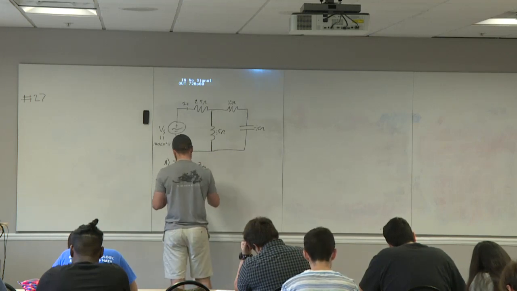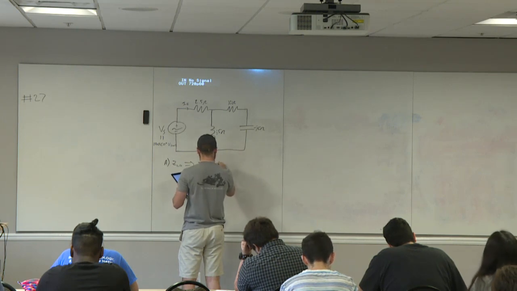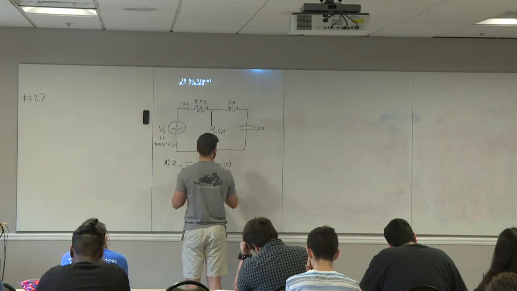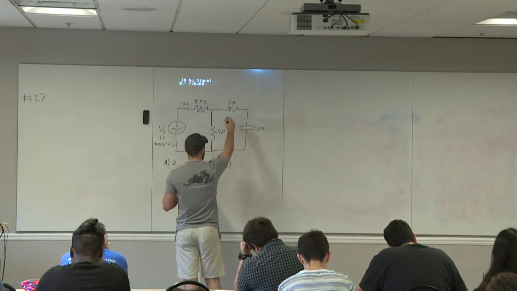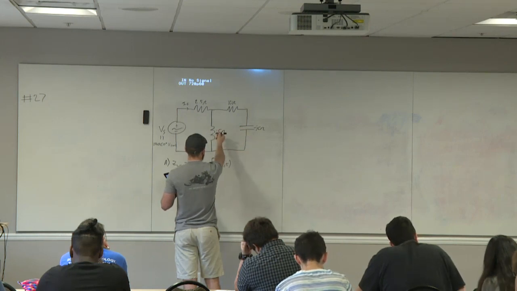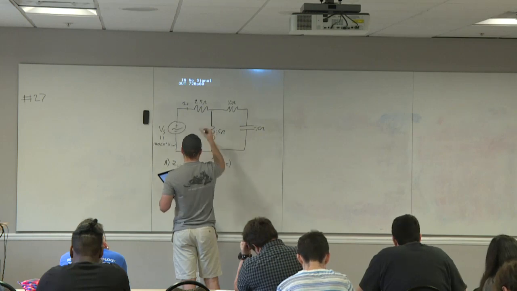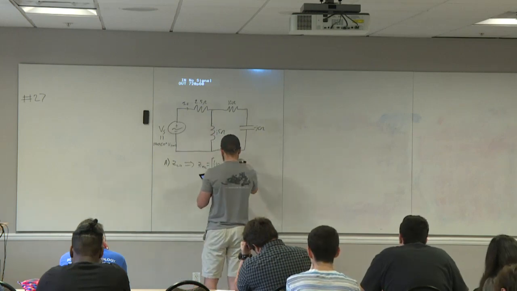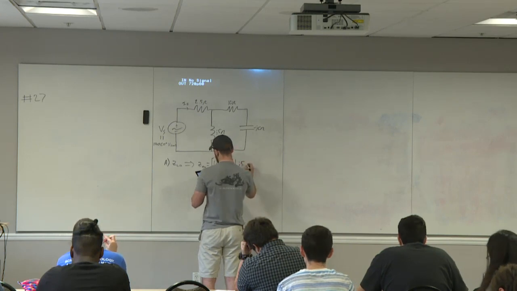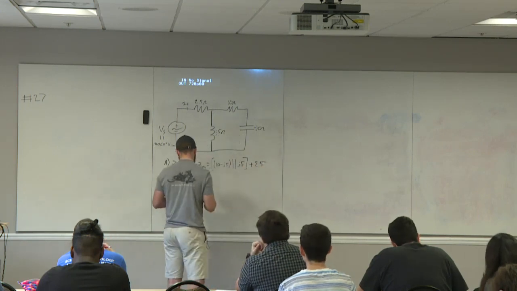Z equivalent is equal to 10 minus J5. We have these two in series, and then whatever that value is going to be in parallel with this inductor, and whatever that value is going to be in series with that resistor. So I'm just going to draw this out. So that's what we have.